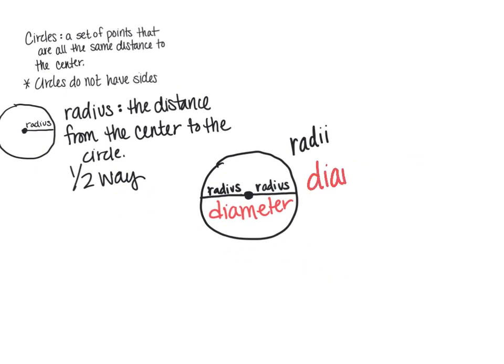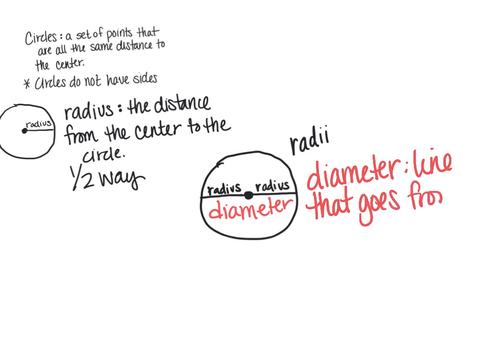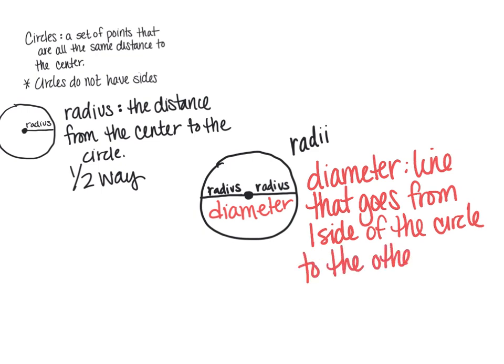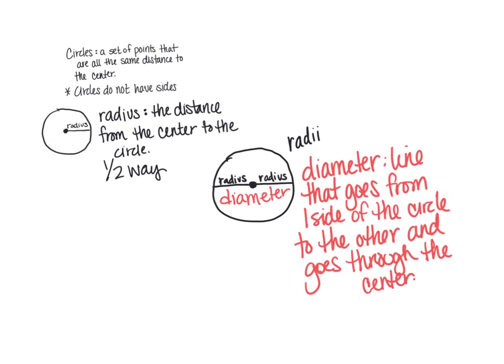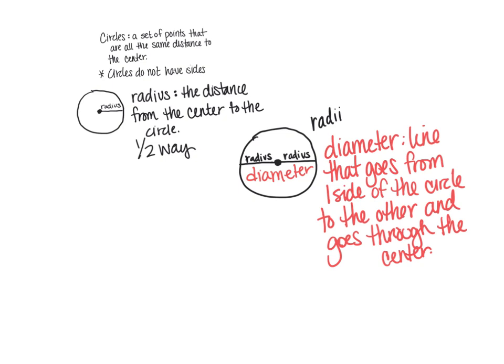Diameter is a line that goes from one side of the circle to the other, and goes through the center. All right, so the two most important words, radius and diameter. The radius is halfway, the diameter is all the way across.